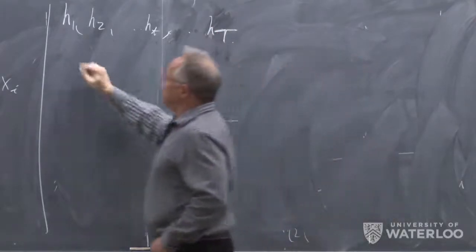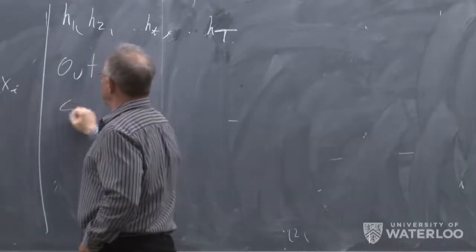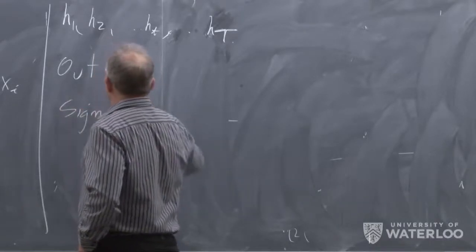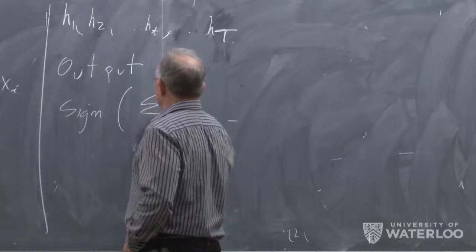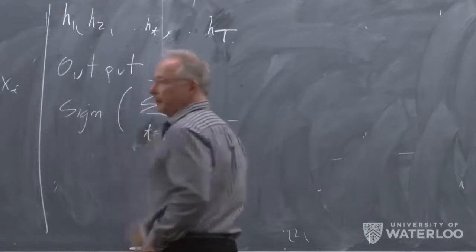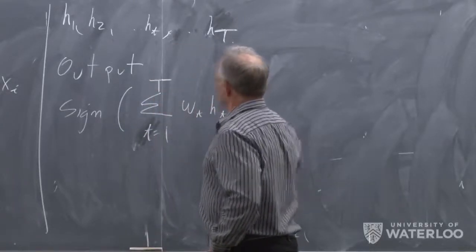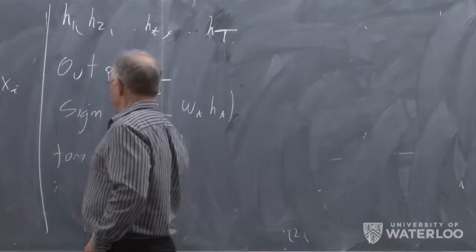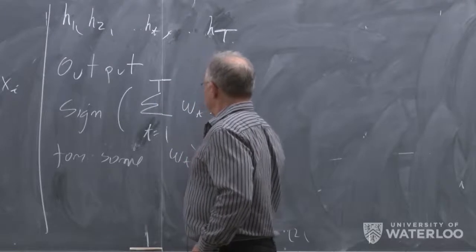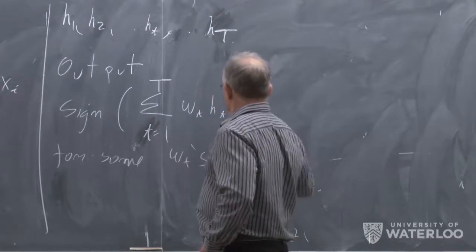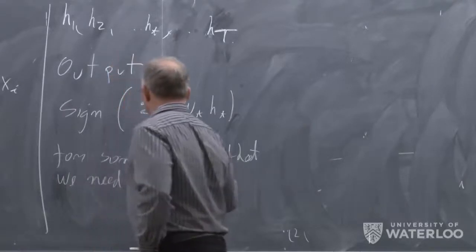The output of all this procedure is the function sign of the sum over t from 1 to capital T of w_t h_t, for some w_t's that we need to determine.